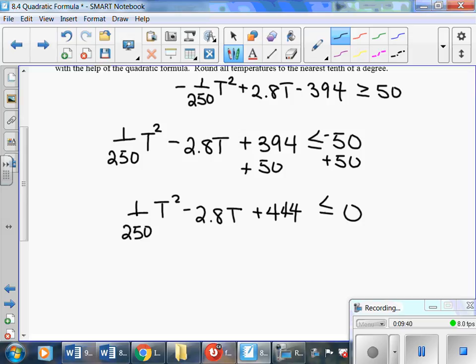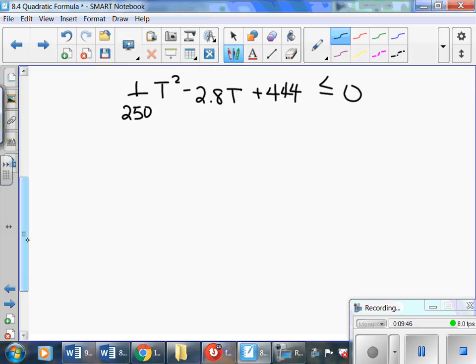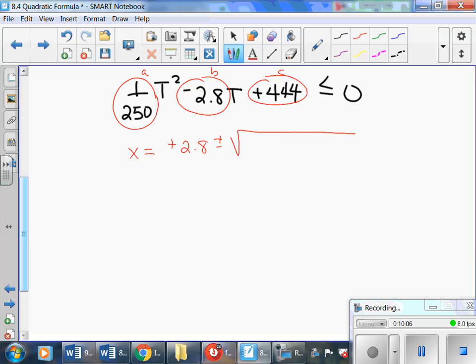All right, now we can finally start working on our quadratic formula to find out what our interval is going to look like. So A is equal to this. Here's A, here's B, here's C. So x equals the opposite of b plus and minus the square root of b squared minus 4 times a times c, all over 2 times a.